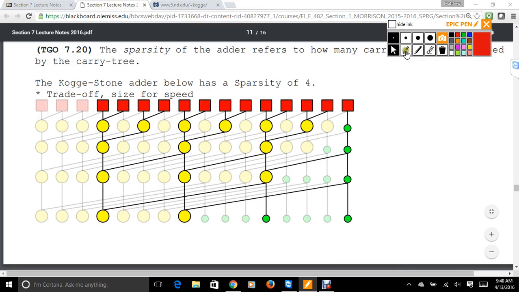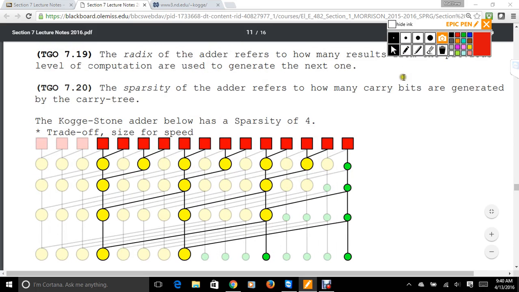I'm sorry, let me scroll back up here. So what's going to happen is you're dependent upon 1, 2, right? So here is 1, 2, 3. See how these kind of flow?